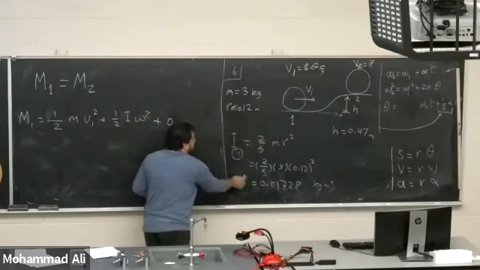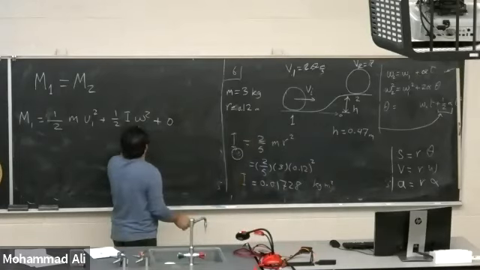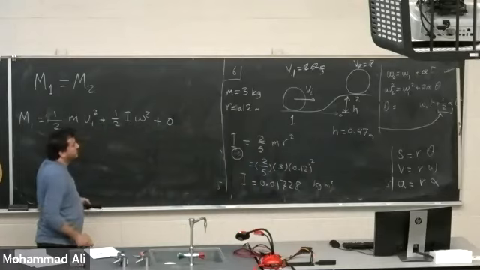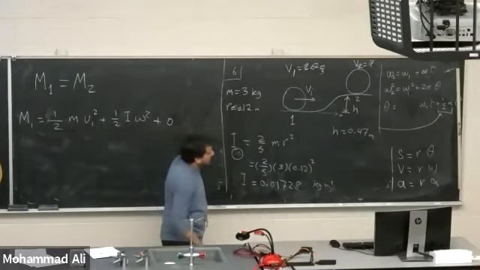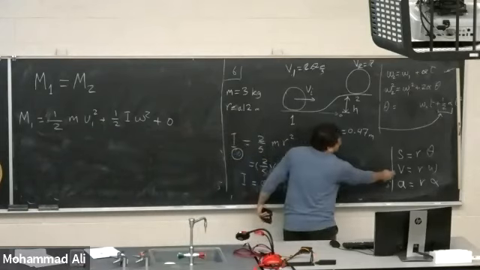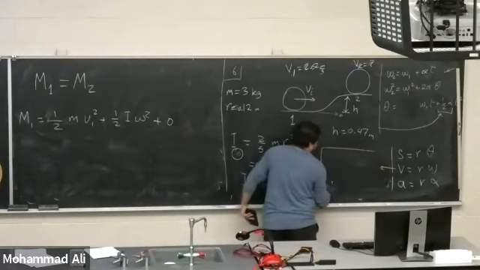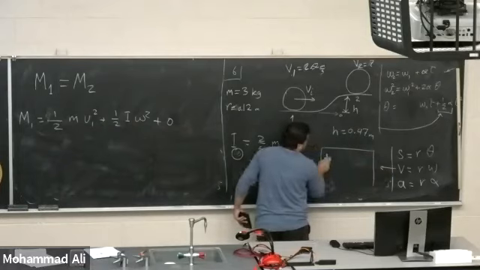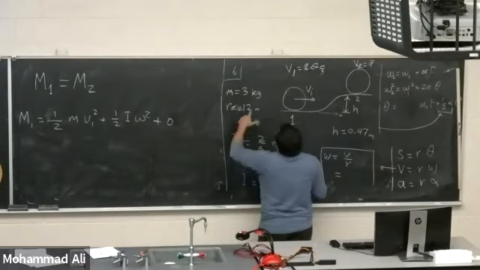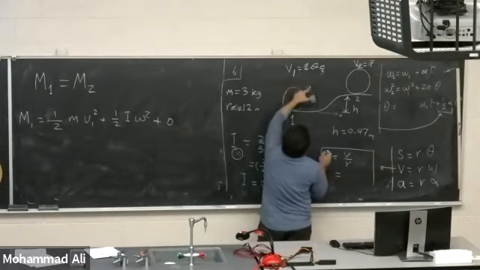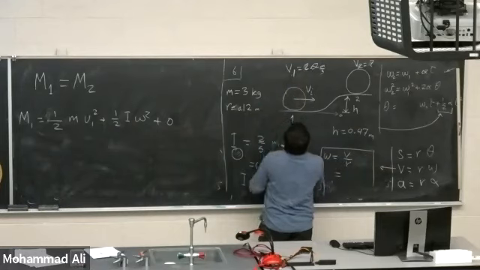This is I. What about omega? From the second relation here, omega is equal to v over r. The velocity is initially 2.6. How much is the velocity?